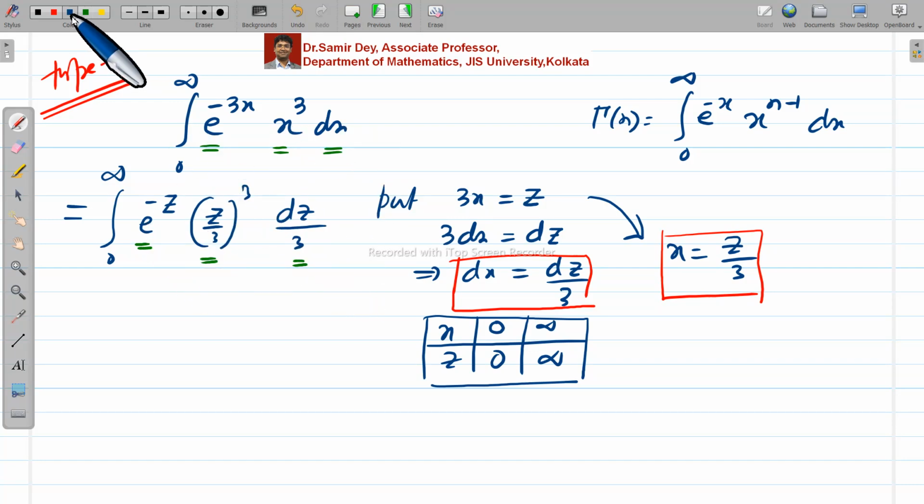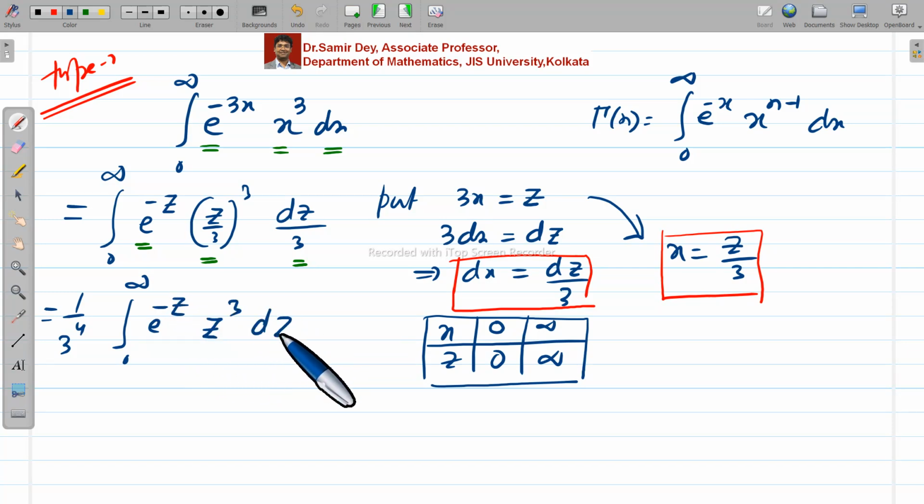Now you need to extract the number. So here you have 1 by 3 whole to the power 3, and here 1 by 3. So from here you may write 1 by 3 to the power 4, integral from 0 to infinity of e to the power minus z, z to the power cube dz. Now you can see basically this form is similar to that. So from 0 to infinity you have e to the power minus z, z to the power 3.